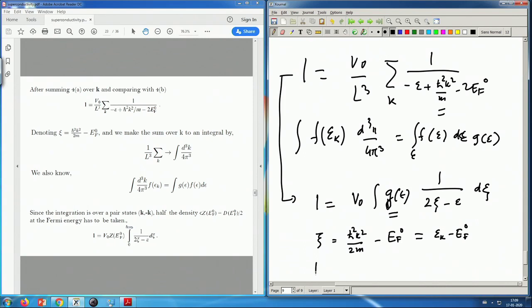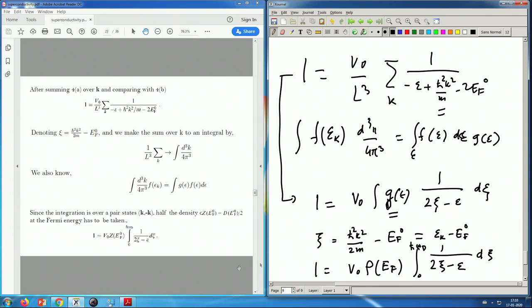That means I can write this as V0 rho E_F, following the convention, into the integral over 1 by twice xi minus epsilon d xi, from 0 to h cross omega D. So, that is now achieved.